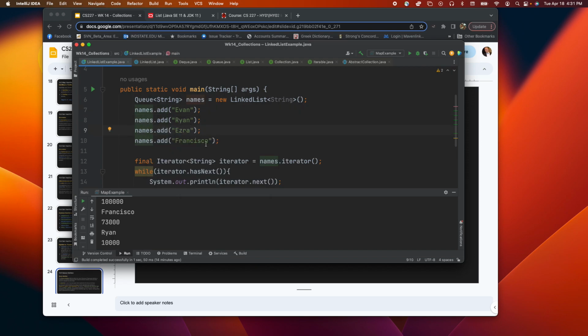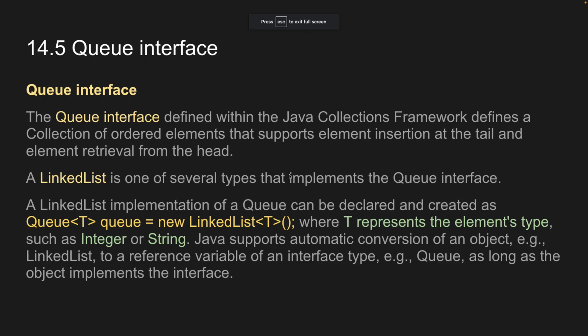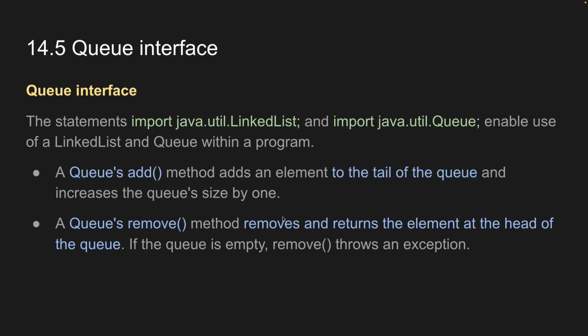So when you're adding, let's go back to our slideshow here. When you add to the queue, it's just like the McDonald's drive-through. We're adding it to the tail, and when we remove, it's removing the element from the front of the queue.